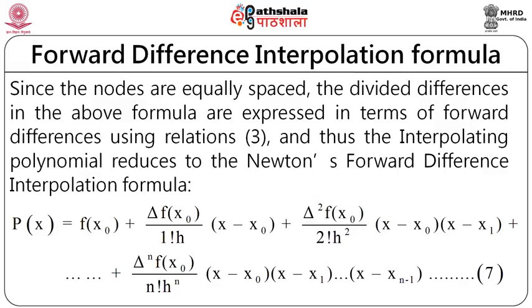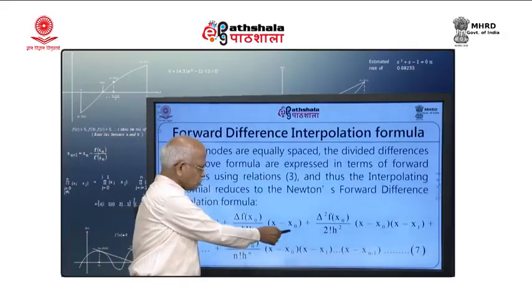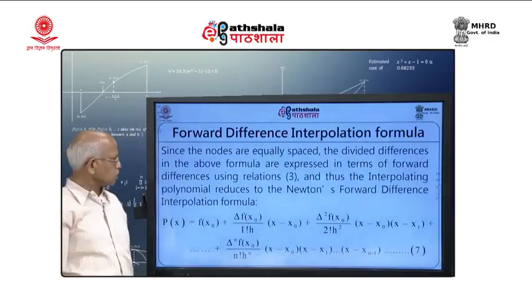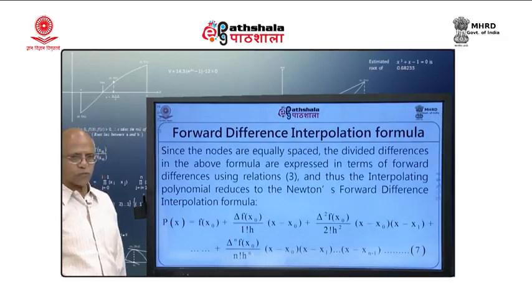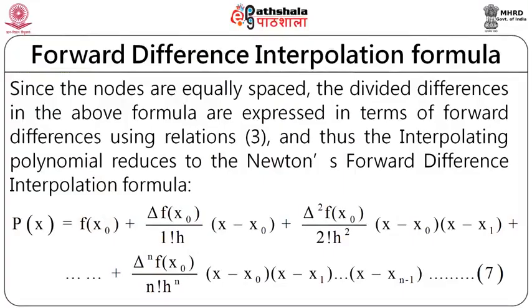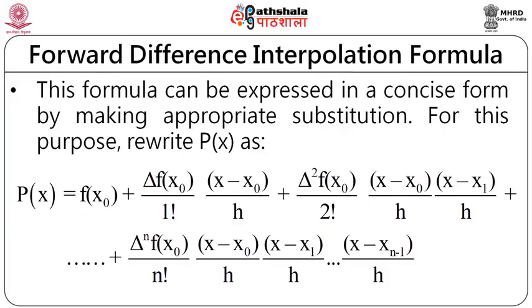So, p(x) is equal to f(x0) plus delta f(x0) by 1 factorial into h, into (x minus x0), plus delta square f(x0) by 2 factorial into h square, into (x minus x0)(x minus x1), and so on, and the last term is delta^n f(x0) by n factorial into h^n, into (x minus x0)(x minus x1) up to (x minus x(n-1)). So, this is the simple derivation of Newton's forward difference interpolating polynomial using the divided difference interpolating polynomial.